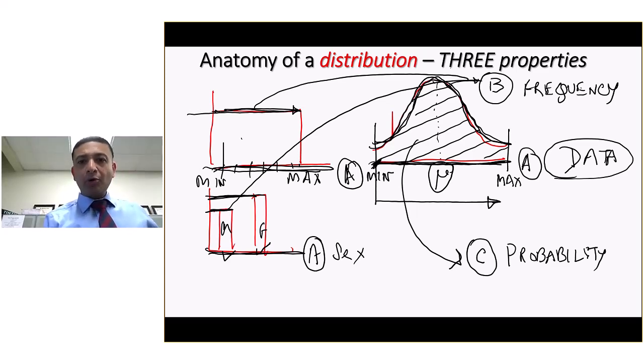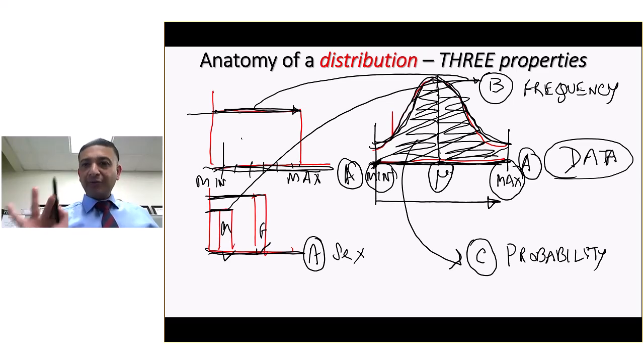What is the total probability of having all the values between a minimum value and a maximum value? You guessed it right, it's 100%. If the mean is a central location and it divides this area into two equal halves, how much are each of these areas? 50% and 50%.